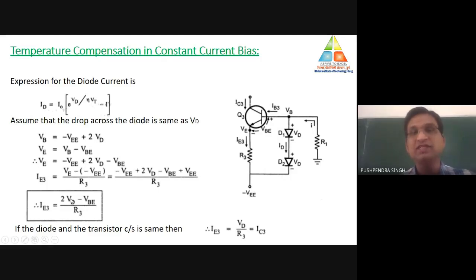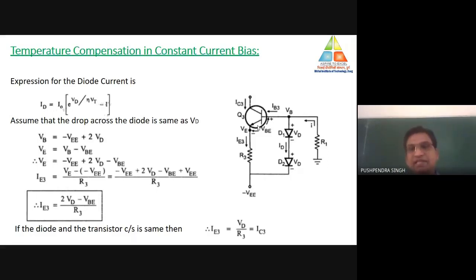And 0.7 is nothing but the value of VD. So IE3 is equal to VD divided by R3, which is IC, constant. So by replacing the resistance R2 by two diodes, we may compensate the effect of temperature in the constant current biasing circuit. So this is how we can make the constant current biasing circuit.